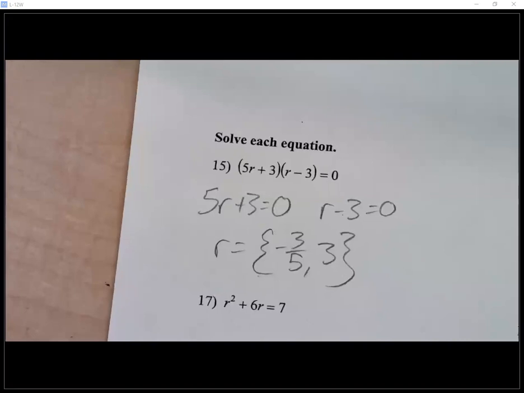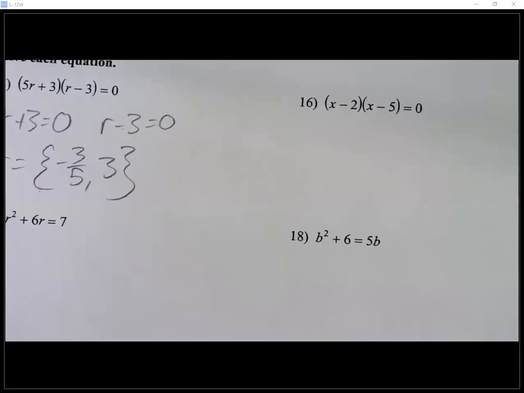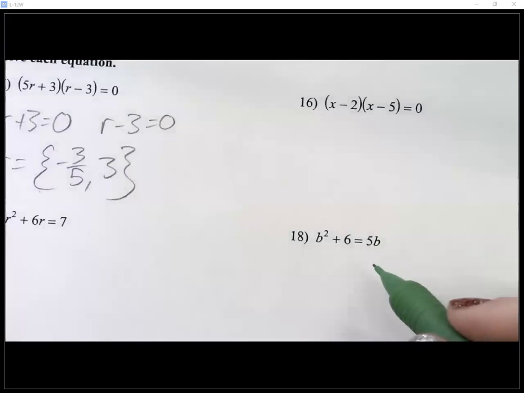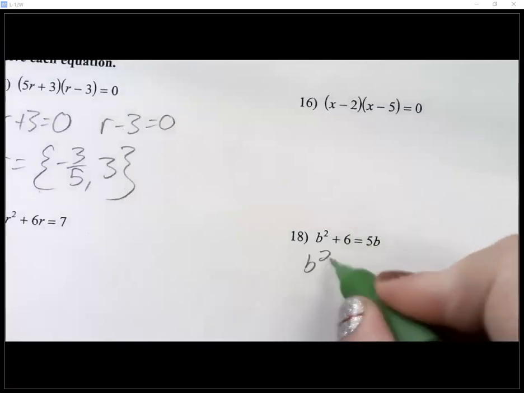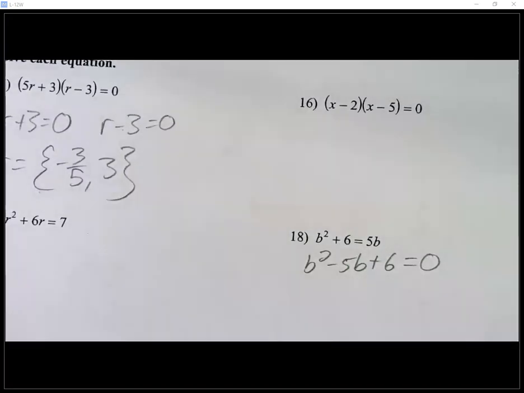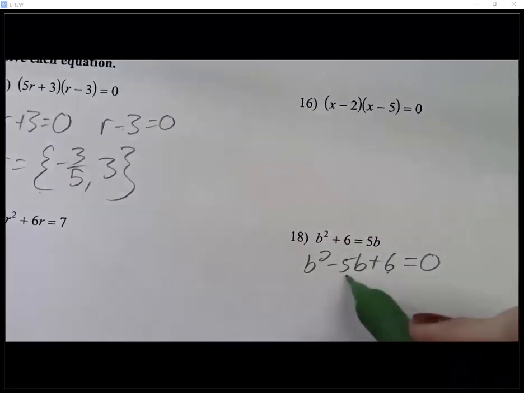18, we've got a quadratic here you need to solve. This one's not factored. So hopefully you remember, if it's a quadratic, I want to set it equal to 0. So I'm going to subtract that 5b over. Remember this? Now when a is 1, we're so lucky because all I need are factors of 6 that add up to be -5. What would those be in this case?